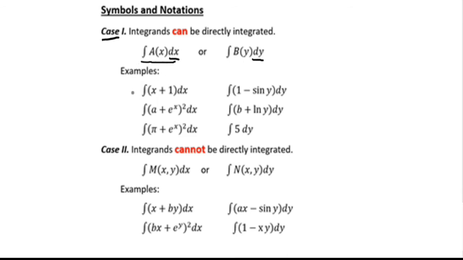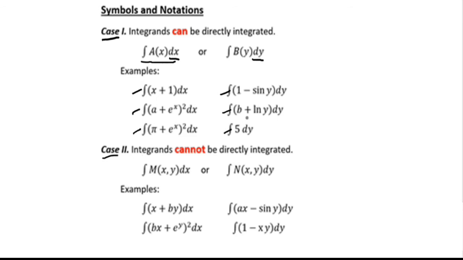The first example, integral of x plus 1 dx and so on. For the examples of integral B(y) dy, we have integral of 1 minus sine y dy, integral of b plus ln y dy, and integral of 5 dy.